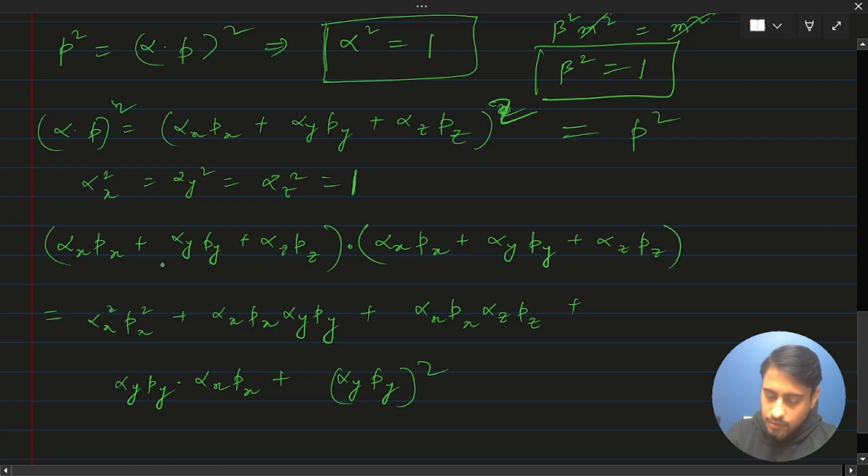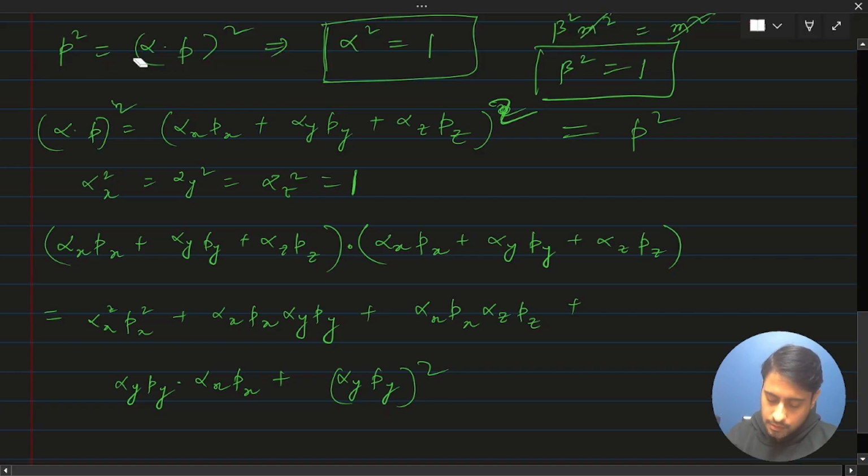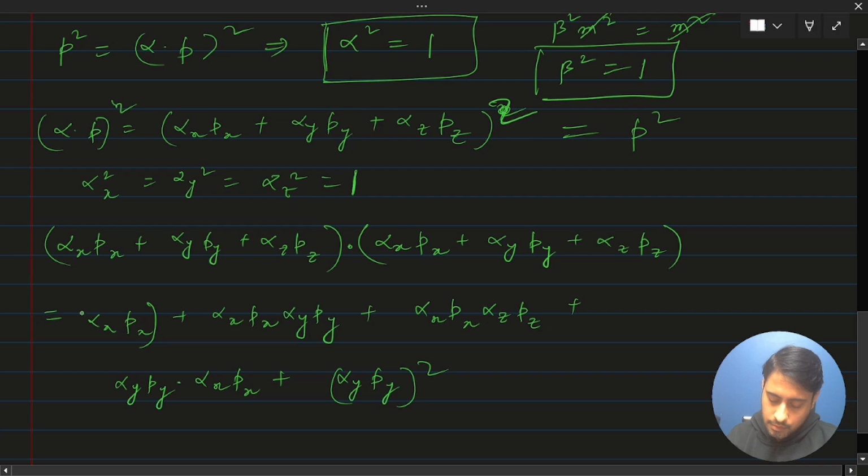You can also take out these two things, remove these two squares and write it as the product, and solve it in the next term. So this is the second term, and for the third term we have alpha y py multiplied with alpha z pz.